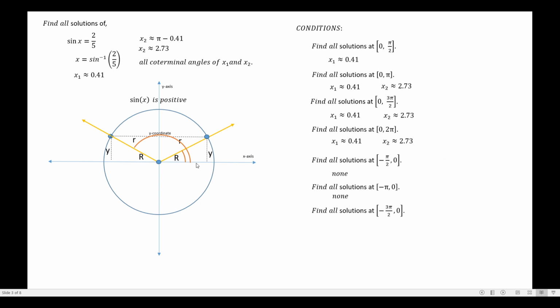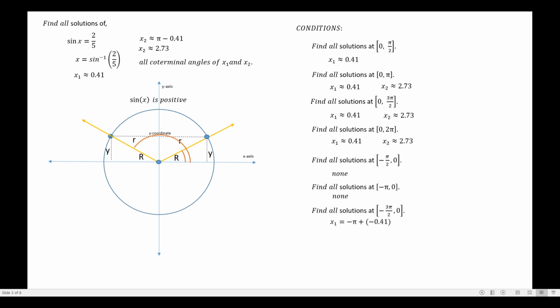All we have to do is to consider this is negative pi. From the right side of the x-axis going to the left side of the x-axis is a straight angle, that's negative pi, plus a negative reference angle, which is negative 0.41.